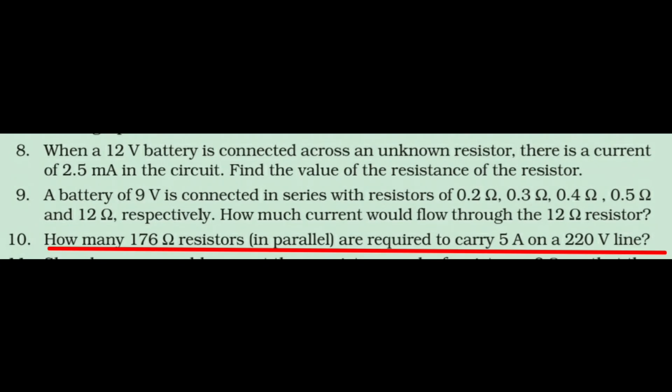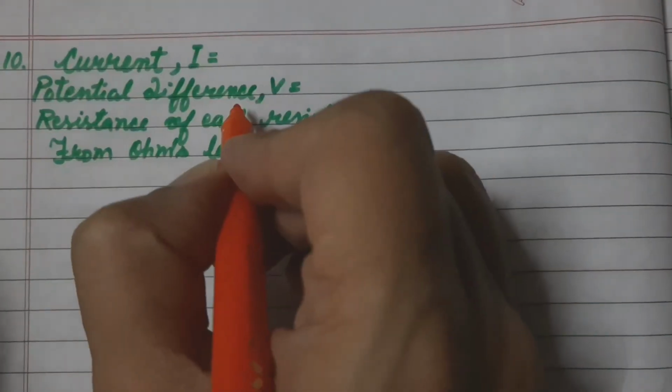10th question. How many 176 ohm resistors in parallel are required to carry 5 ampere on a 220 volt line? Given terms: current 5 ampere, potential difference 220 volt, and resistance of one resistor 176, and we have to calculate N, means the number of resistors.